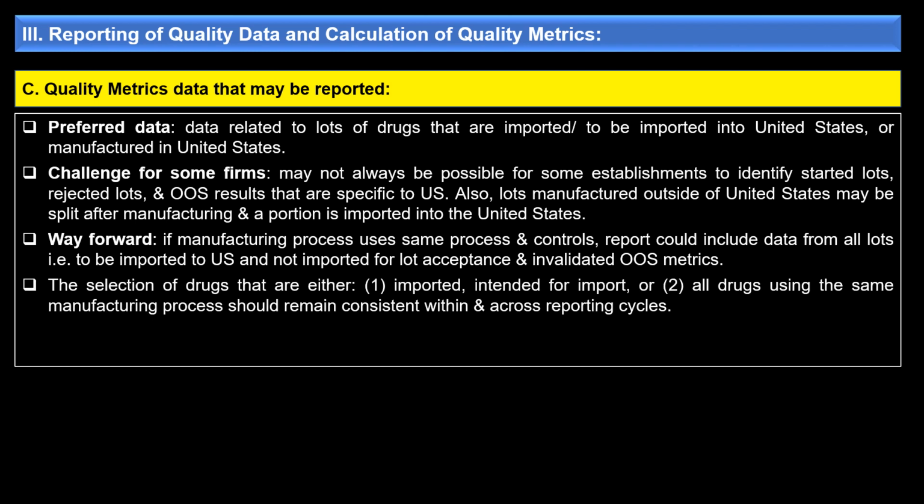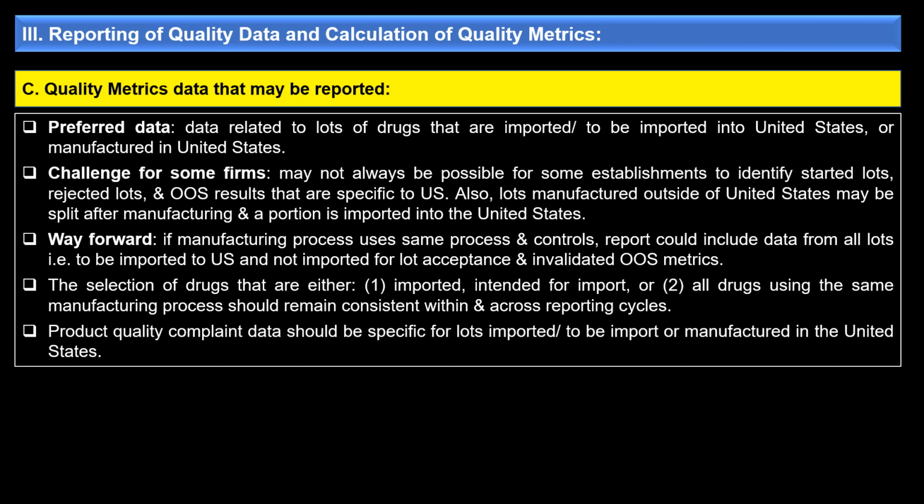The selection of drugs that are either imported or all the drug products that are used in the manufacturing should remain consistent throughout the reporting cycles. So if a firm selects to report data only for the imported products in the US, it should be consistent, or if they are reporting the data for all the drug products, it should be consistent throughout the reporting phase. Product quality complaint data should be specific for lots imported or to be imported or manufactured in the United States.